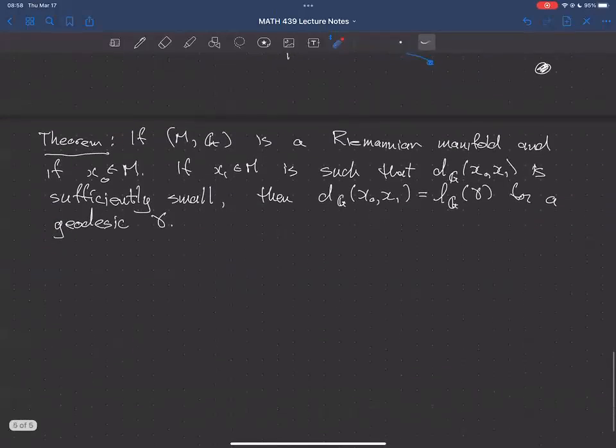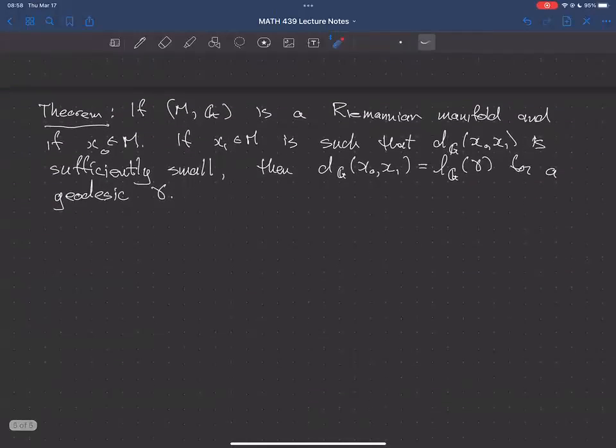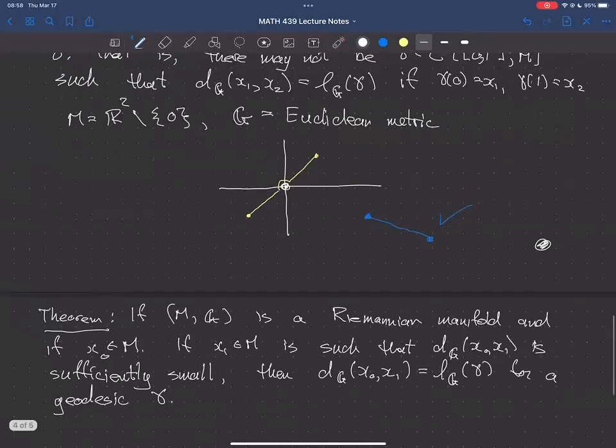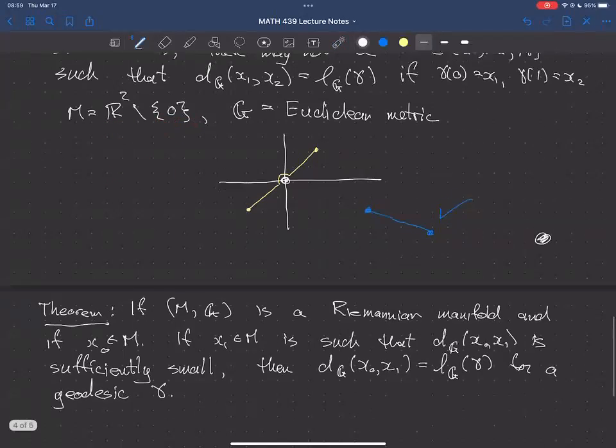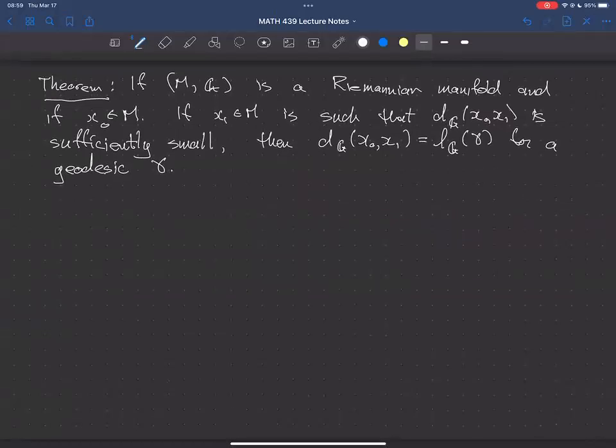Let me give a more interesting illustration. Because again, this one's a little bit silly because I've taken a nice example, which is R2, and I've made it not nice by removing a point. So let me take a nice example, which still illustrates that there's content to this theorem.